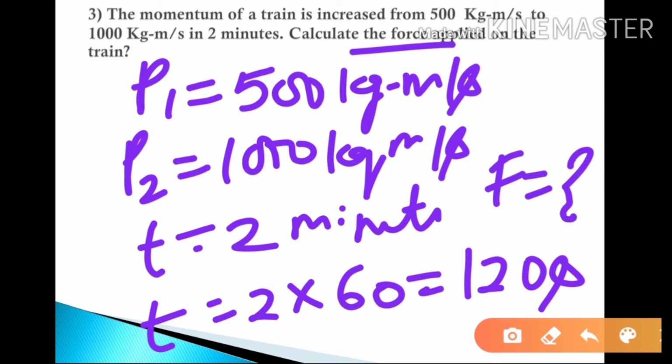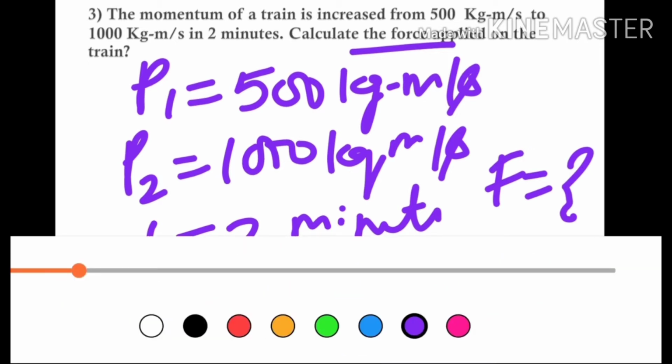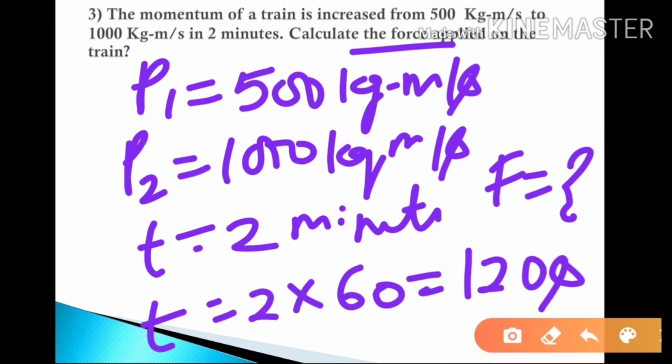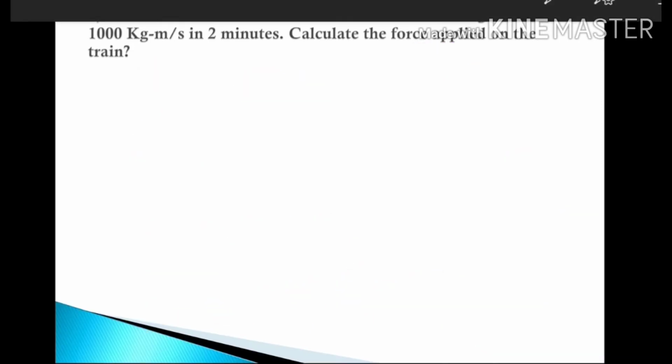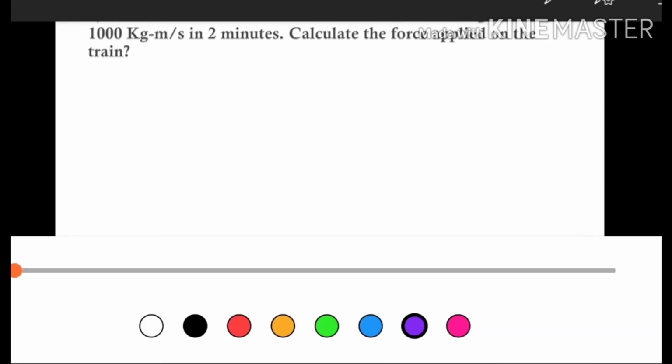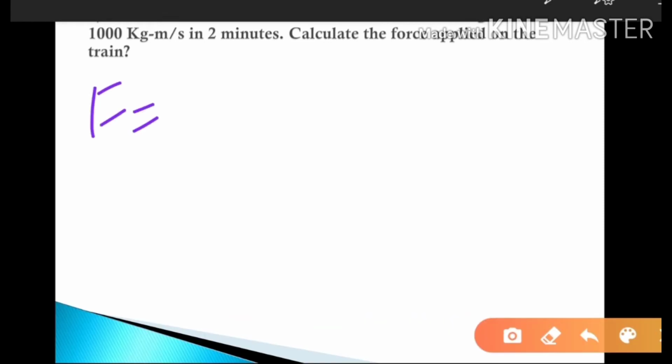So students, we know that according to Newton's second law of motion, the external force applied on a body is directly proportional to the time rate of change of momentum of the body. So here the force will be change in momentum upon change in time.